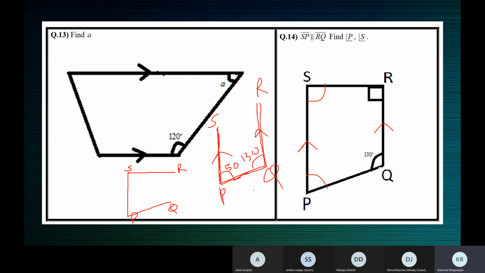Now, which angle do we know here? Q, ma'am. No, here I can't see Q. I can see only two angles. When you consider two lines and a transversal, I can see only two angles in this figure.